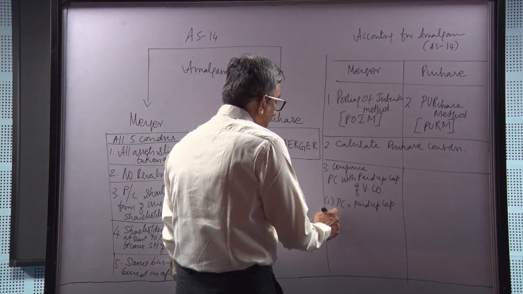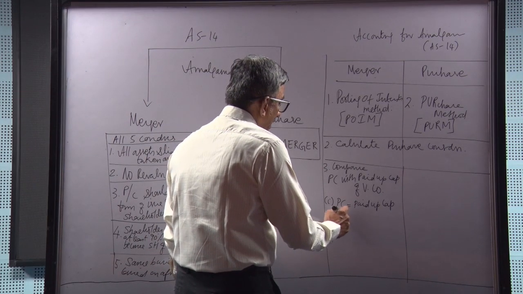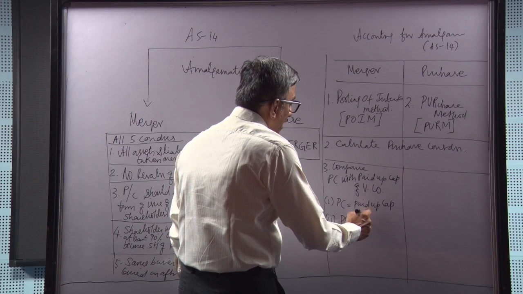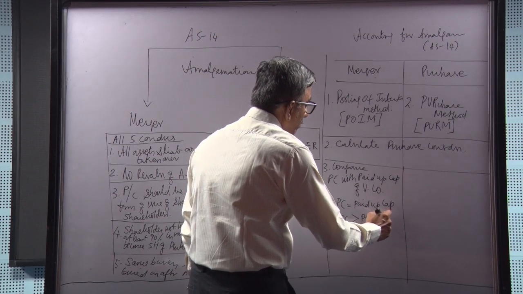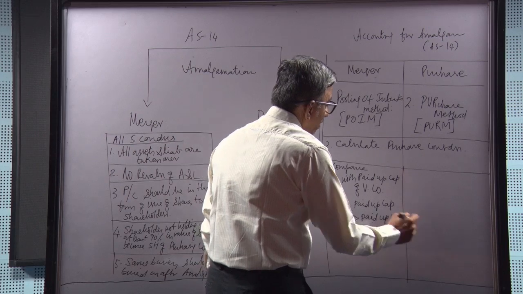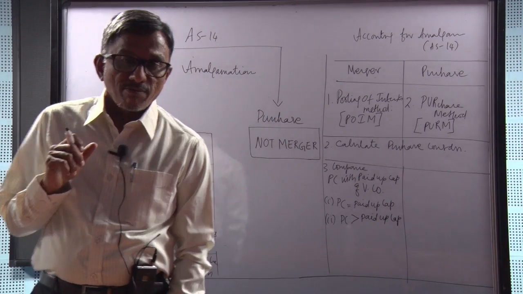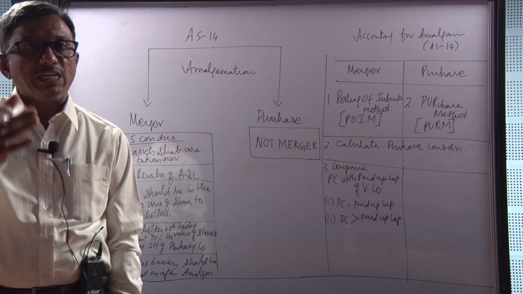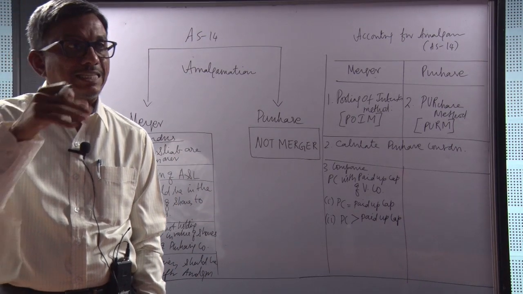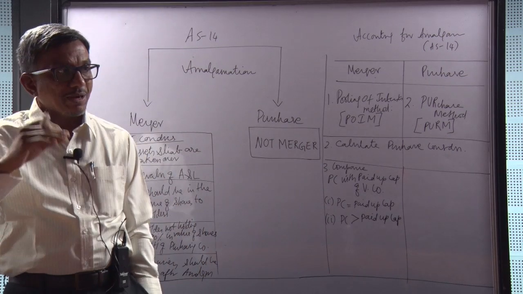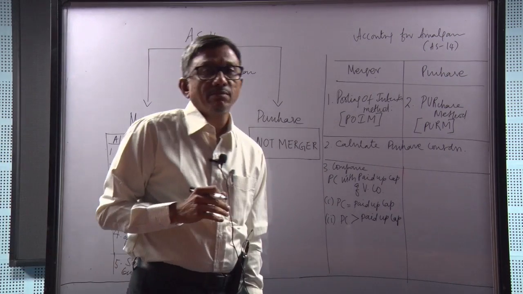On the contrary, if the purchase consideration is more than the paid up capital, for example, the paid up capital of the vendor company is 50 lakhs, but the consideration you are going to pay them is 60 lakhs. That means 10 lakh excess you are going to pay. If you pay excess, what does it mean?